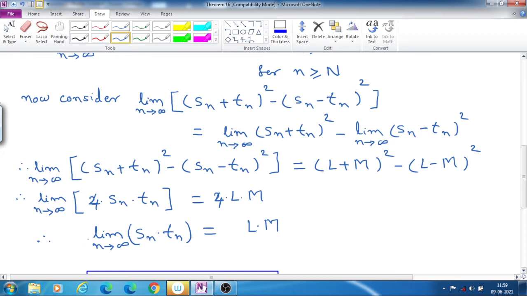For the limit, we can take the constant outside and then take limit of Sn into Tn.